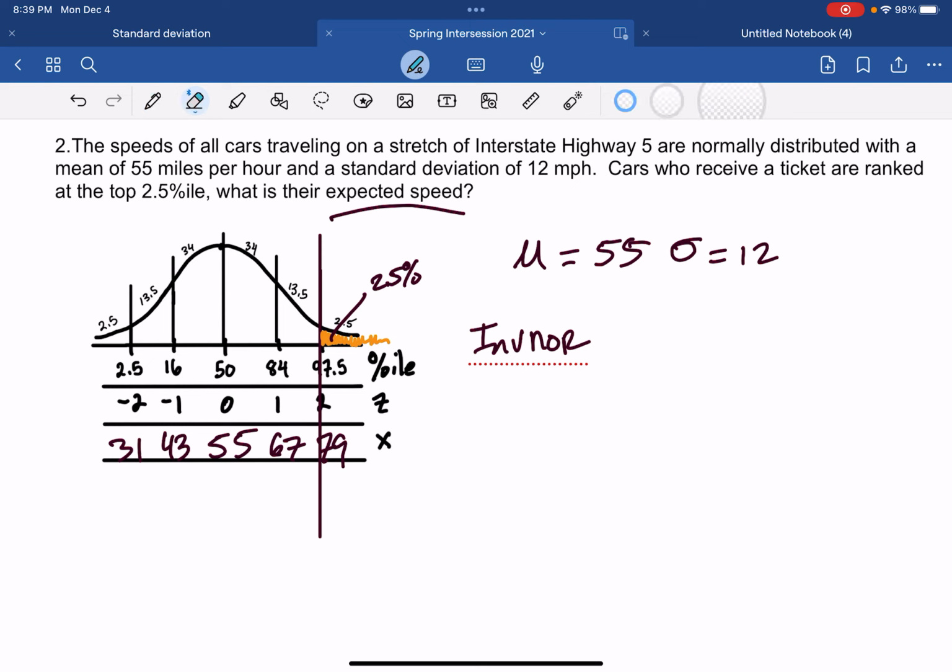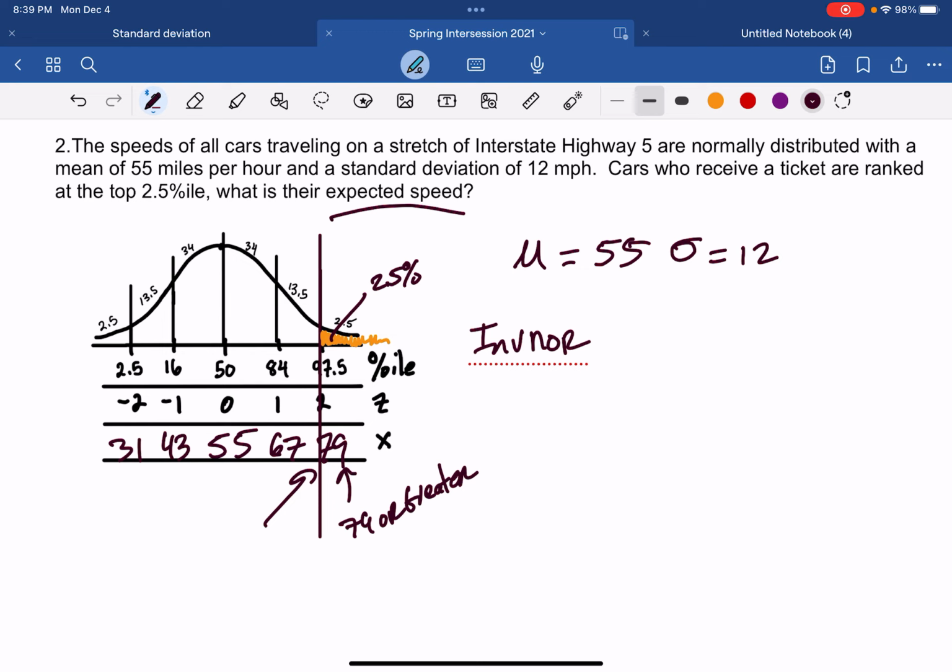If it's at the 2.5 percentile, it's going to be 79 or greater, right? Because those above 79 or greater get a ticket. So the inverse normal is a function in your calculator that allows us to calculate what this number is.